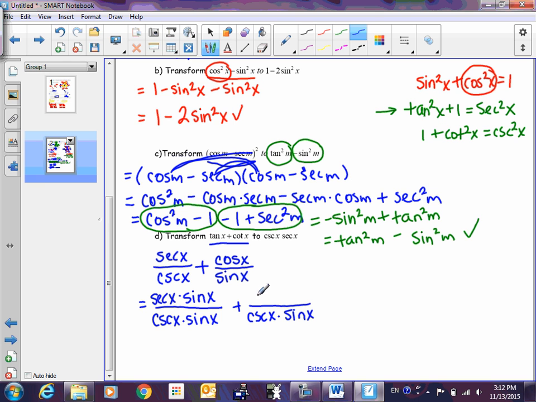Okay, over here, I already had a cosine x in the numerator. What did I multiply the denominator by? Cosecant x, so I'm going to do that up here. All right, now that you have the same denominator, you can combine these two.